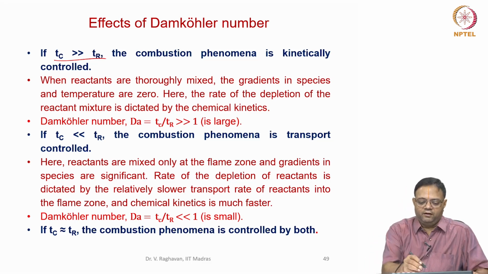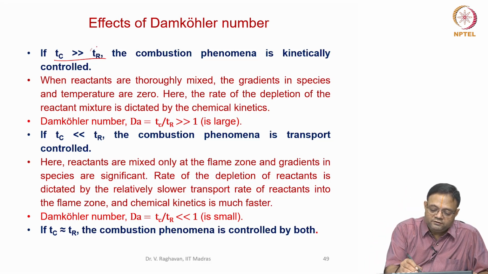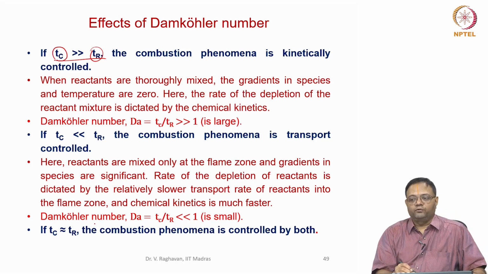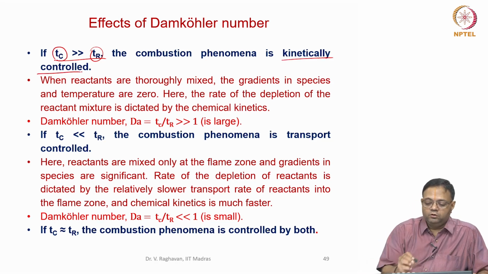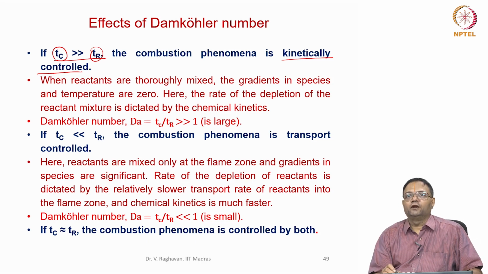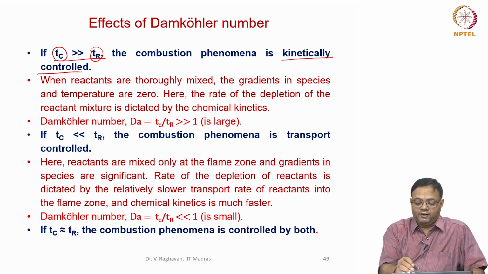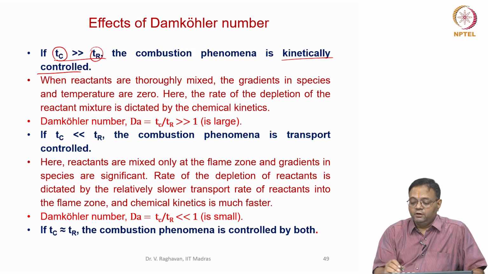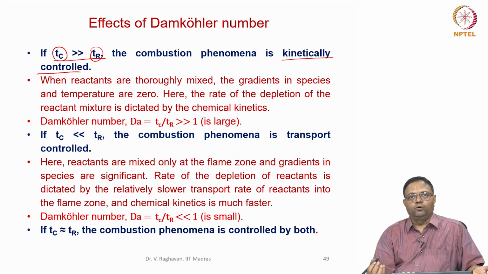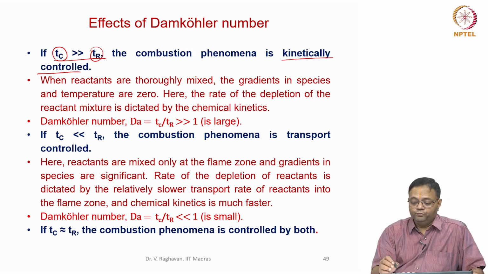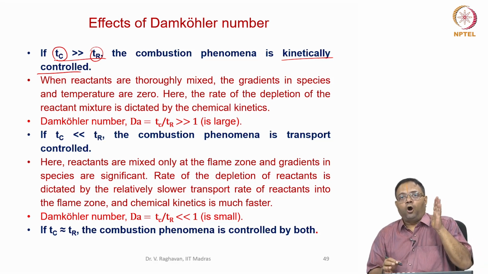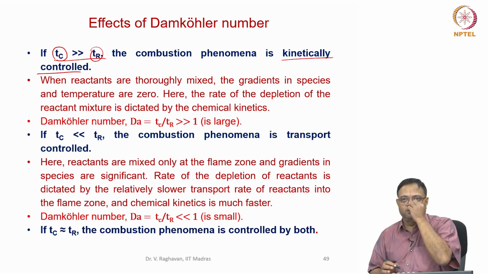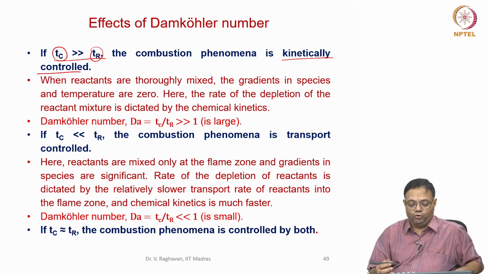So obviously this time scale is going to dictate the process. So the particular phenomenon will be kinetically controlled. When the reactants are thoroughly mixed, the gradients in species and temperature are zero because they are already mixed. So the rate of depletion of the reaction mixture is dictated by how fast the flame propagates through the mixture. That means it is kinetically controlled.